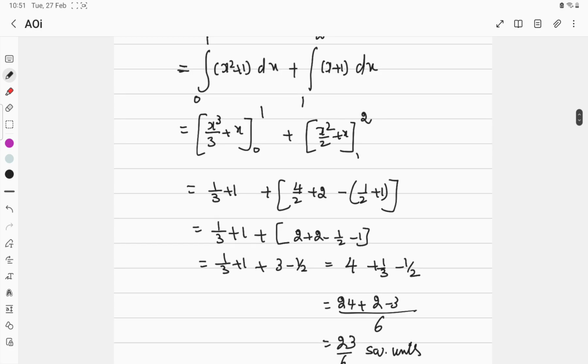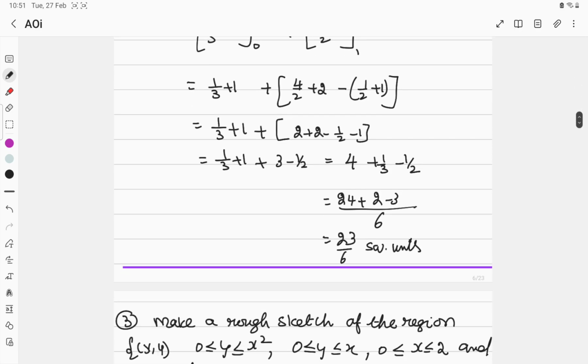Integrating as usual, x square becomes x cubed by 3 plus x, using lower and upper limits 0 to 1, and then x square by 2 plus x, using limits 1 comma 2. On solving, we get 23 by 6 square units.